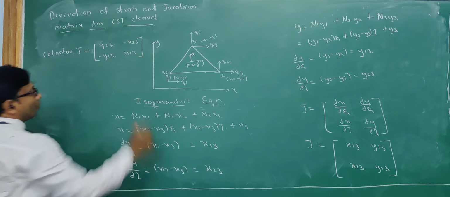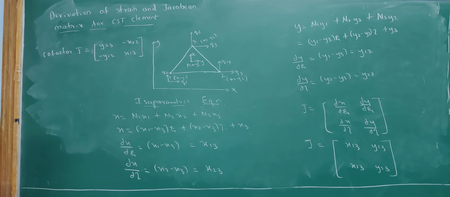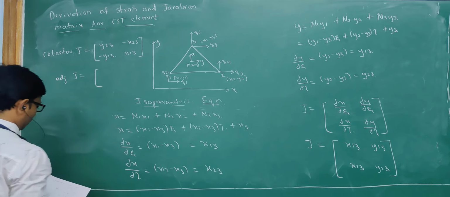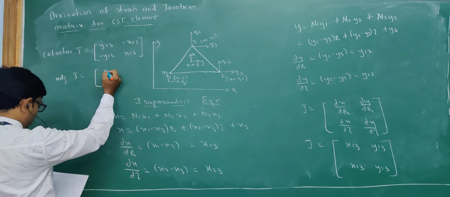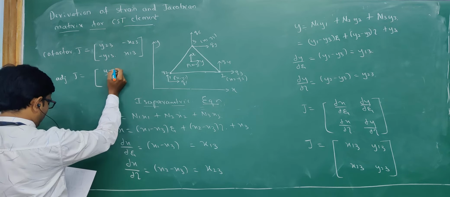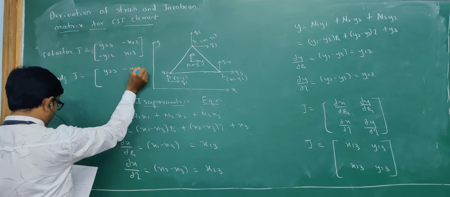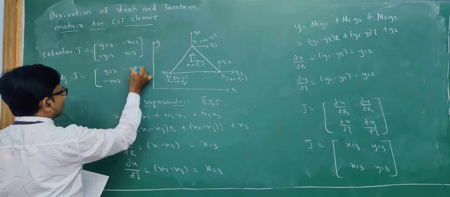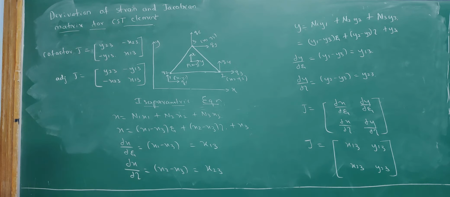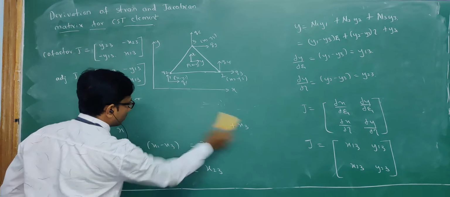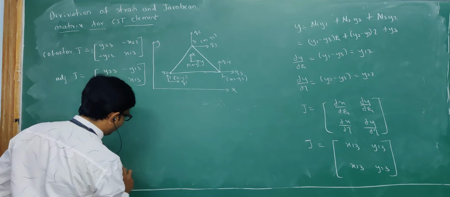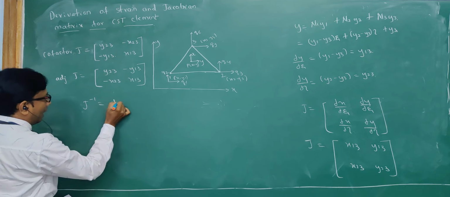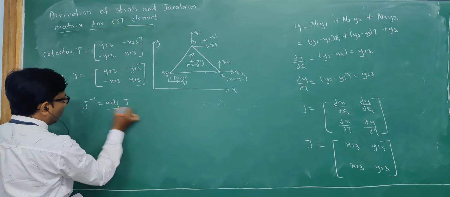This is the cofactor of J. If I want the adjoint of J, this will have y23, minus y13, minus x23, x13. This will be the adjoint. You already know how to find the adjoint of any matrix, so it need not be explained here. So J inverse will be adjoint J upon determinant J.